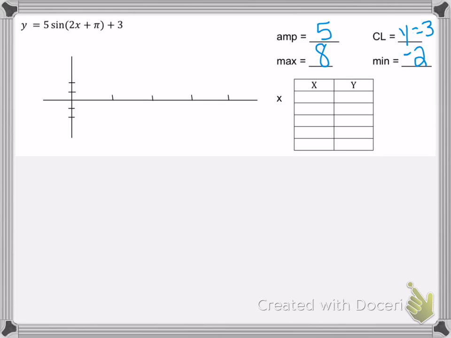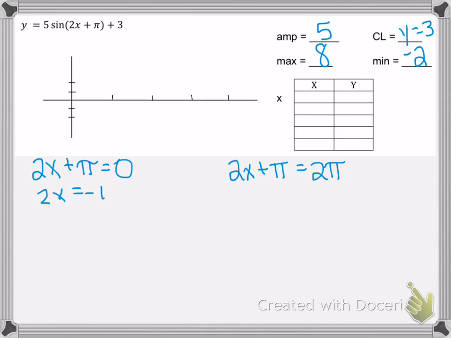What we want to do now is you take whatever's in your parentheses. One you set equal to 0. The other one you set equal to 2 pi. You solve both of these mini equations.